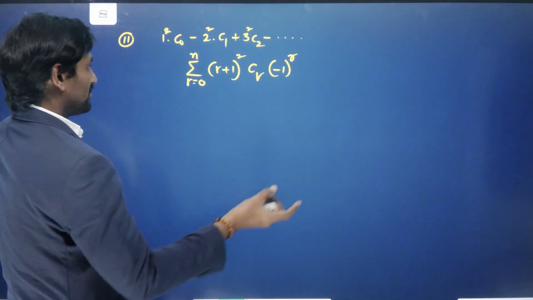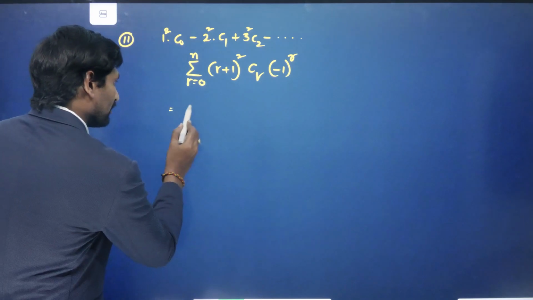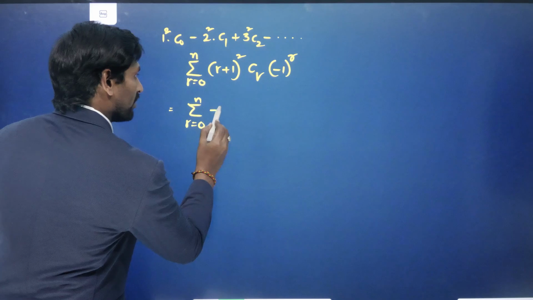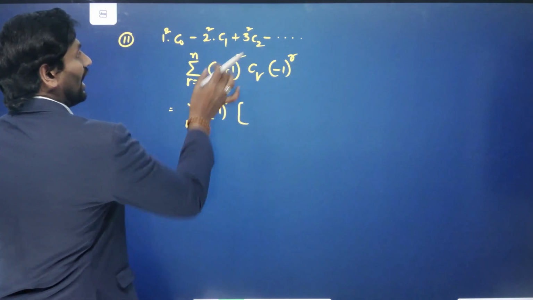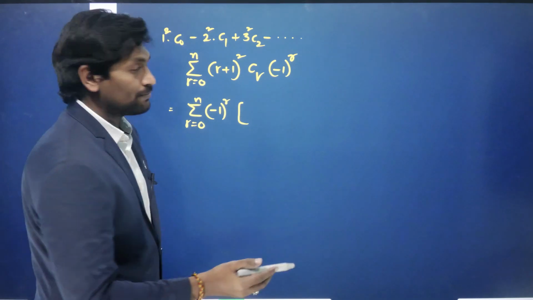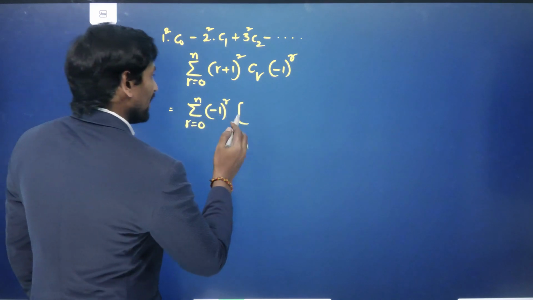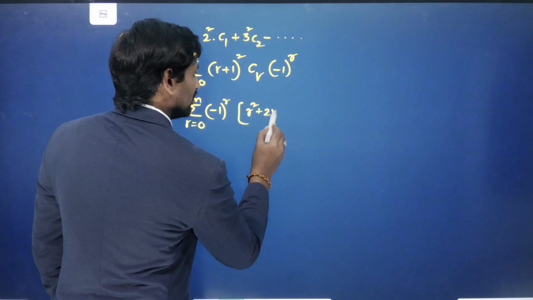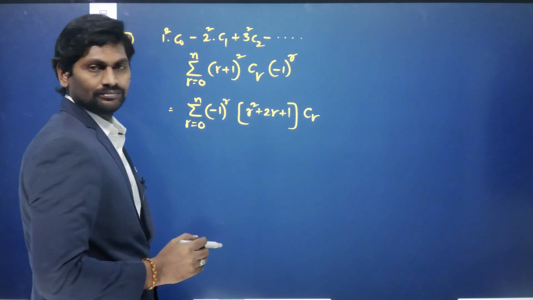So we can write minus 1 to the power of r, that is equals to sigma r equals 0 to n, minus 1 power r, and this r plus 1 whole square, which is in the form of a plus b whole square, I am just expanding as r square plus 2r plus 1 into cr.